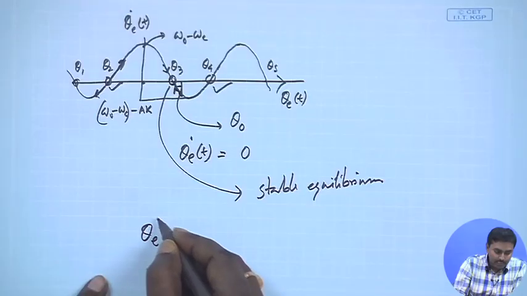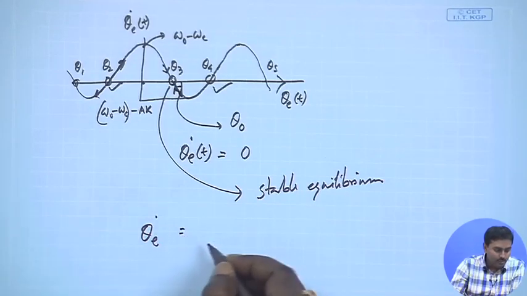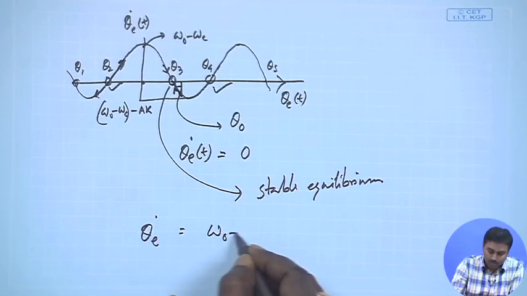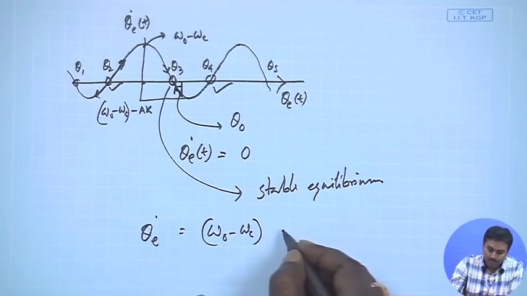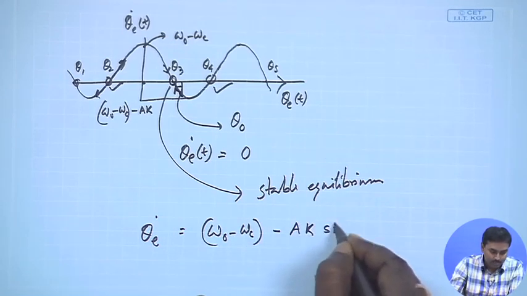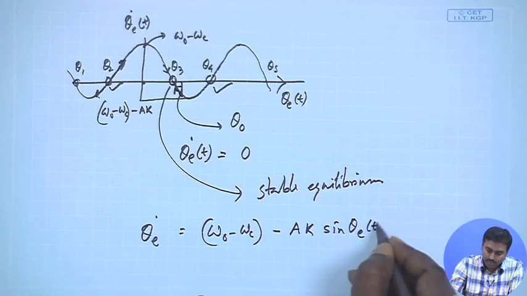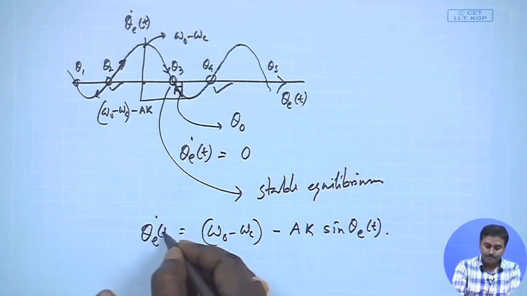At theta 3, what will be happening? So I had a guiding equation, right. The guiding equation was theta e dash is equal to omega 0 minus omega c minus a k sin theta e t.